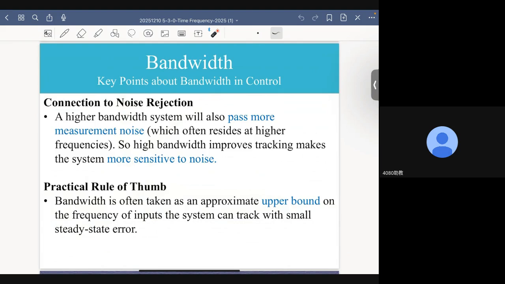Now, steady state error in most cases is inevitable. It's just a matter of how large it is, assuming that you have already set an acceptable upper bound for the steady state error. Then you need to increase your bandwidth until this steady state error is reduced to the specification that you set up.